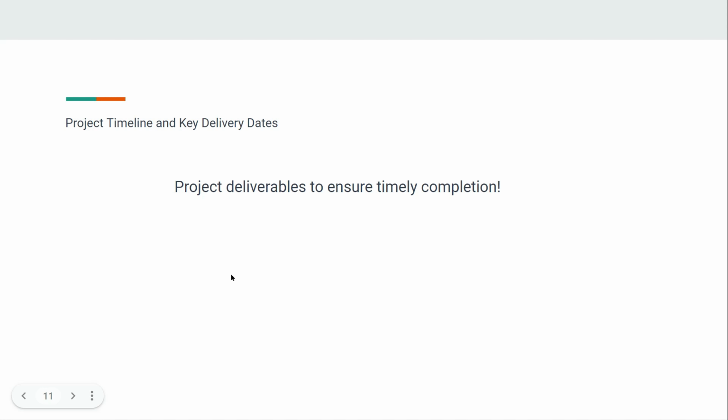Now, there are project deliverables that need to be clarified in order to ensure timely completion. Our project is structured into a clear timeline to ensure timely delivery and effectiveness. We want to begin with the needs assessment phase, where we compare desired human behavior and actual human behavior, to be completed by the end of quarter 1.